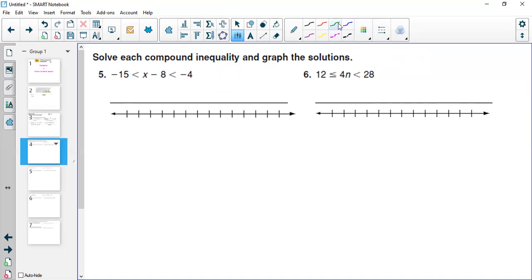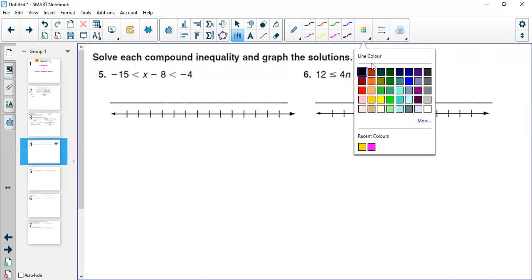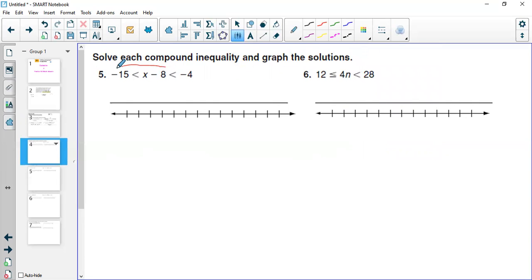Now let me quickly show you how we separate the compound inequalities. One inequality we could take is this part, the first part with the lesser sign.